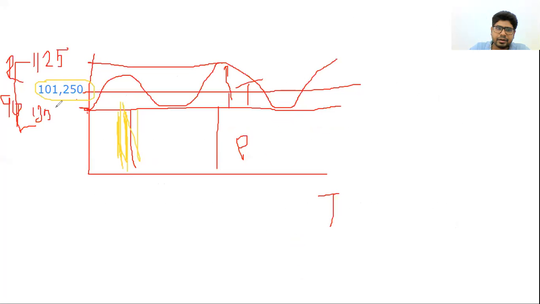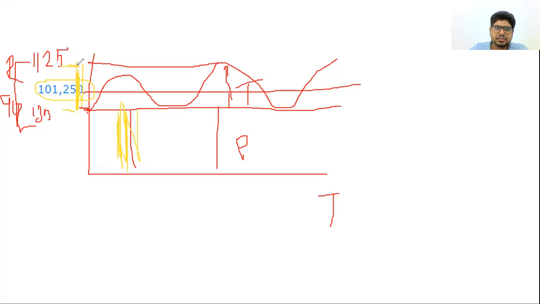Here, the permanent equals 135, right? The peak is 135 plus 990 equals 1,125,000. So this variation equals 990. It varies from 0 to 990. The top level is 1,125,000, the minimum level 135.